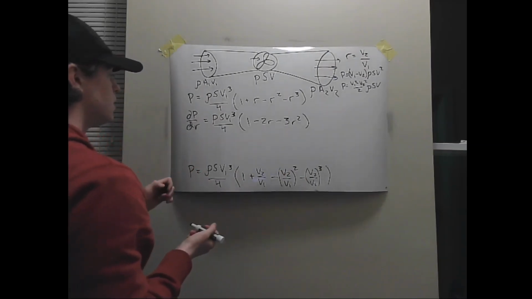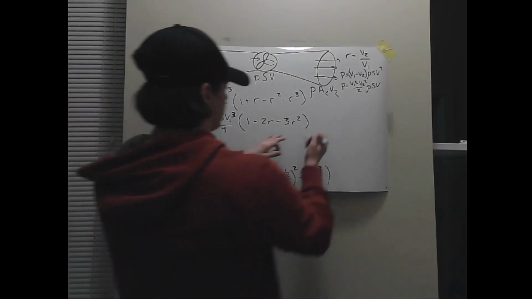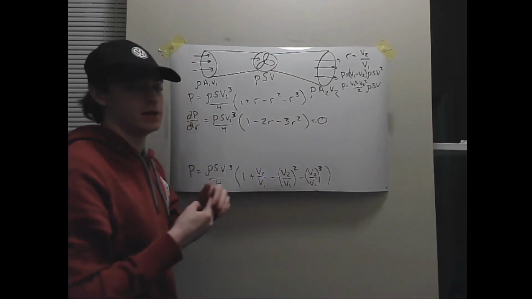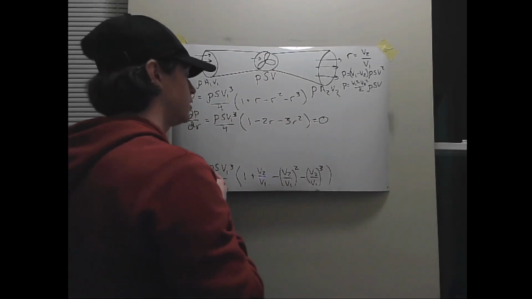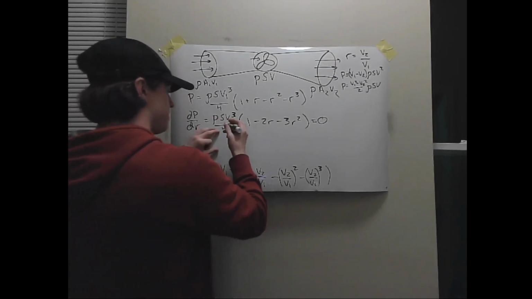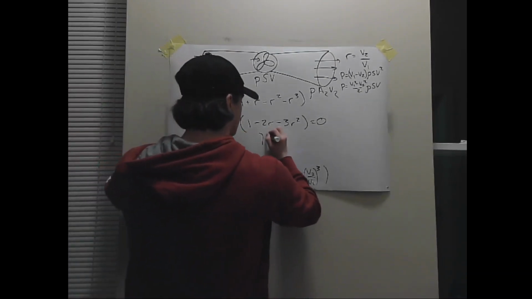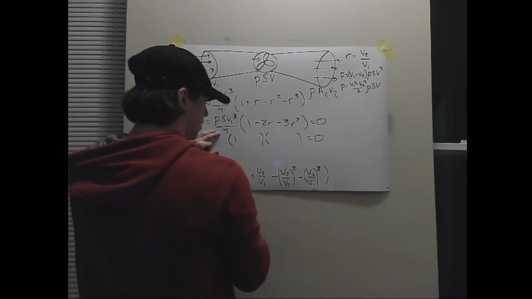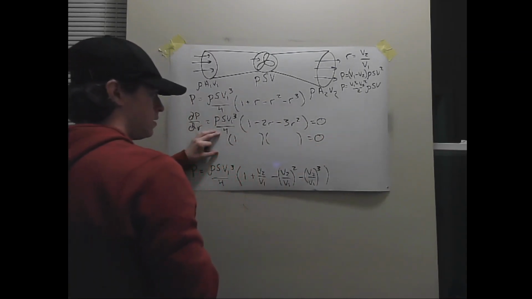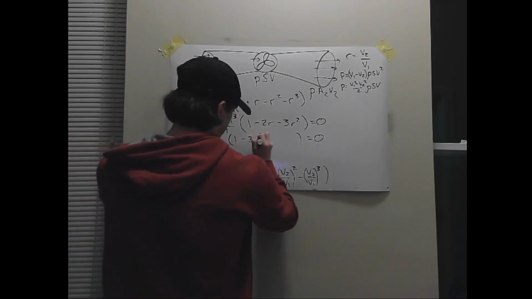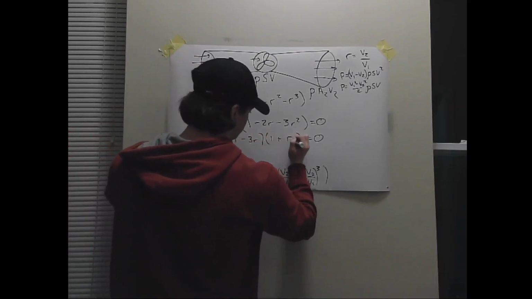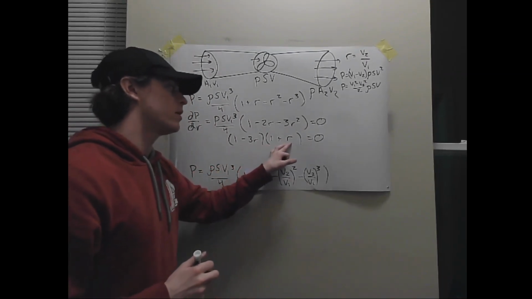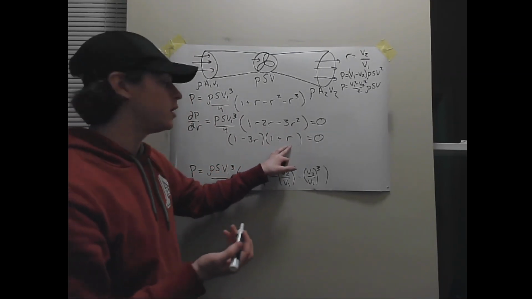So from here, since we're looking at the maximum, we can go ahead and set this equal to 0 and solve it like a regular quadratic. So to do that, I'm just going to go ahead and factor it out. So we're going to have 1 minus 3R and 1 plus R. Well, the value for the ratio R has to be in between 0 and 1.